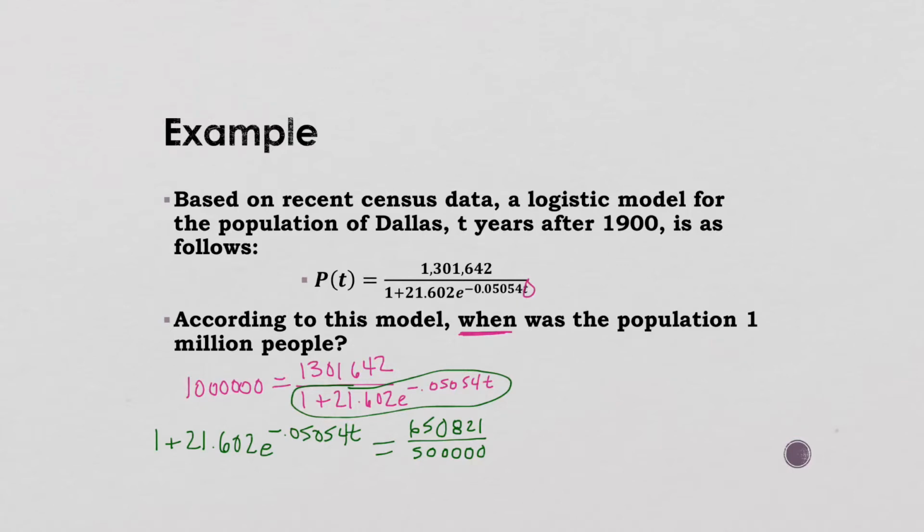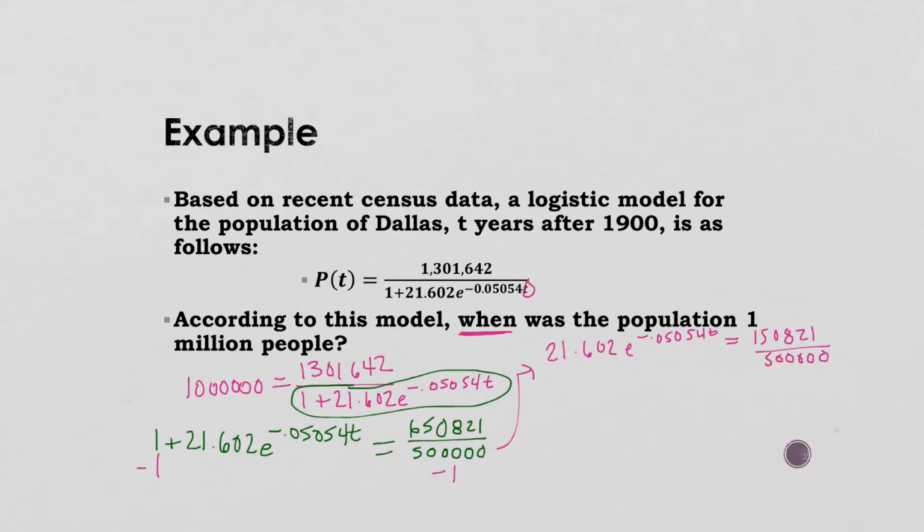Now I go back about my business, subtract 1 from both sides, and I'm going to get 21.602e to the negative 0.05054t equals this.